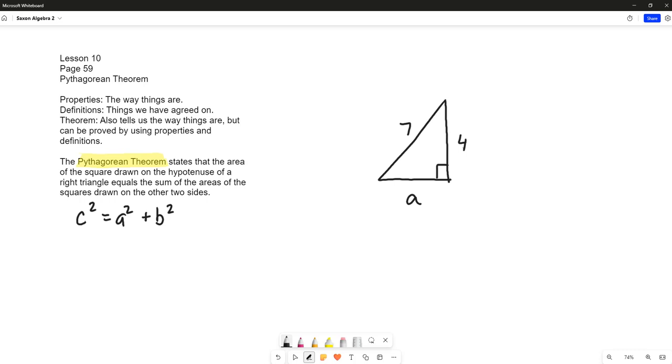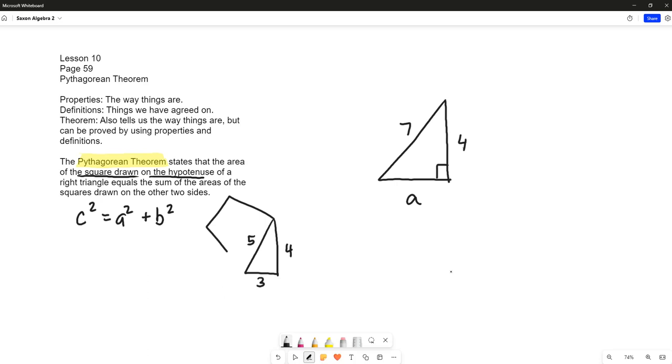two sides. So if you look in your book, about midway down the page, you'll see a right triangle that has the sides 4, a hypotenuse of 5, and a base of 3 there. And what it's saying is that the square drawn on the hypotenuse, so that's here.